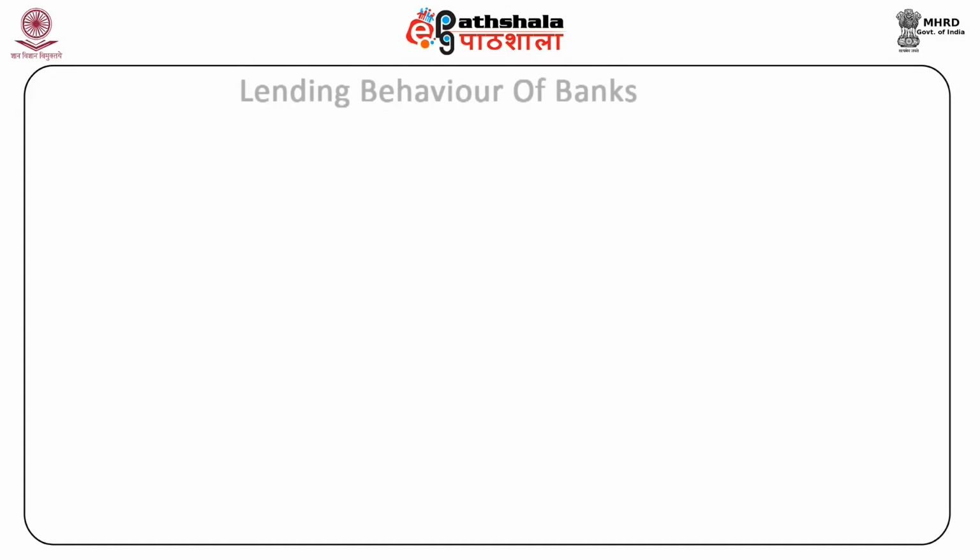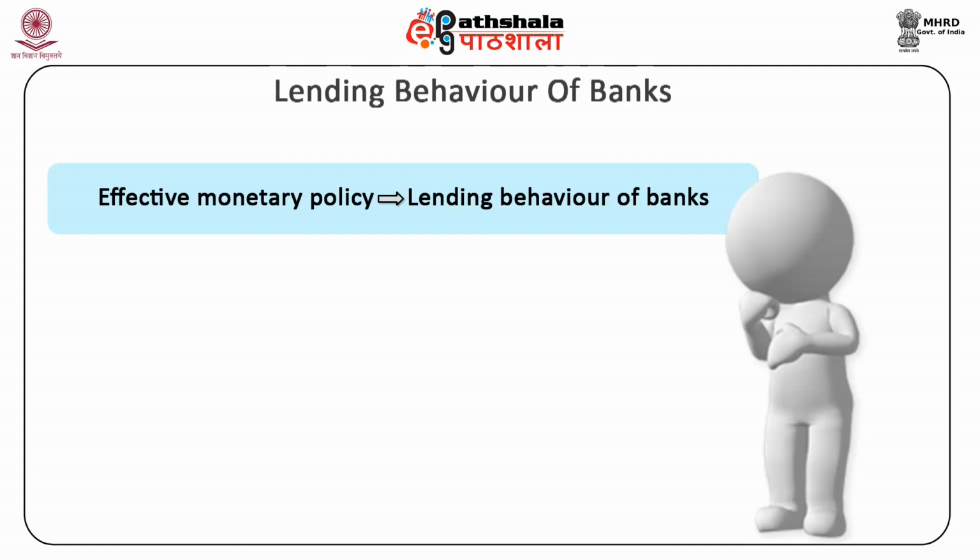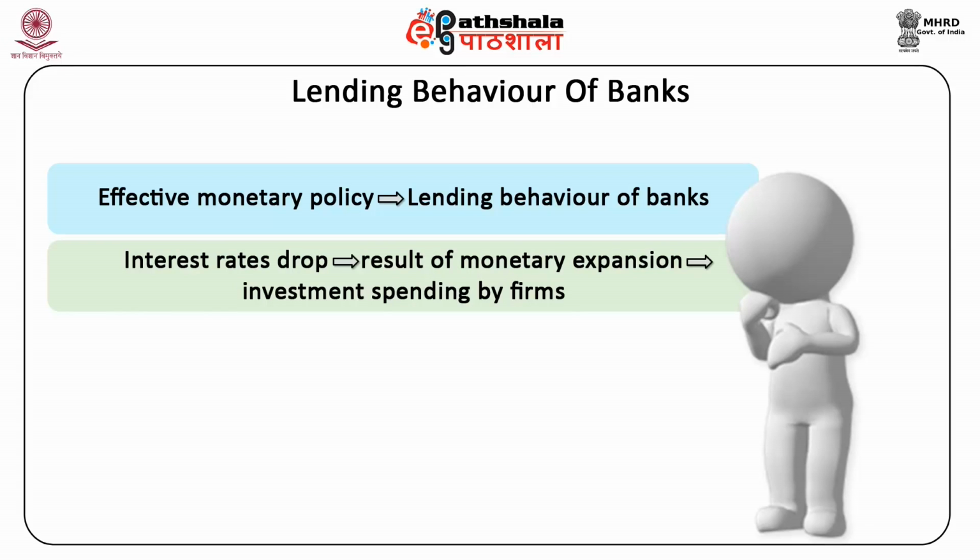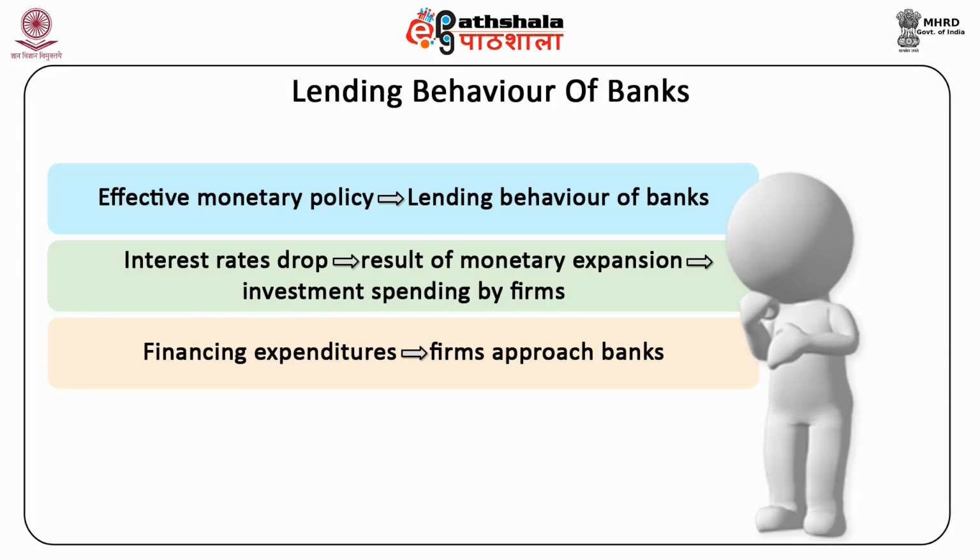Then we have lending behavior of banks. For monetary policy to be effective, an important factor is the lending behavior of banks. When interest rates drop as a result of monetary expansion, this encourages investment spending by the firms in the economy because of the lower cost of investment. For financing investment expenditures, firms approach banks.